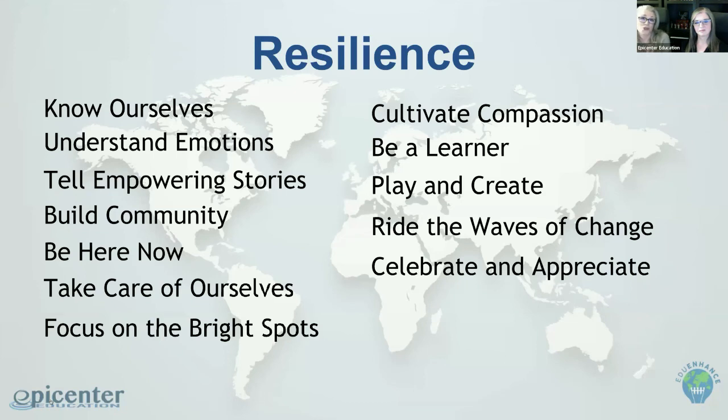This sounds trite, but it is truly a habit that we can help our students focus on in perspective taking, walking through a situation and looking at it from two points of view, and helping them choose the lighter, brighter perspective. Cultivating compassion, we talked about with empathy, just continually building that, but also being a learner.